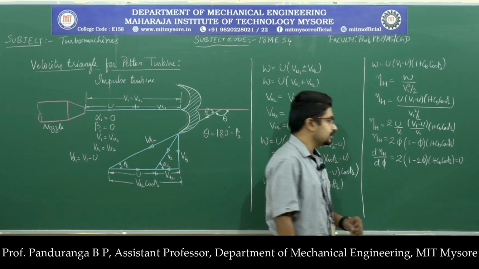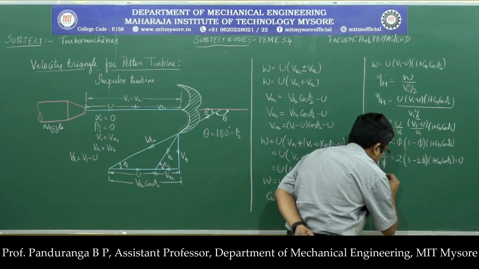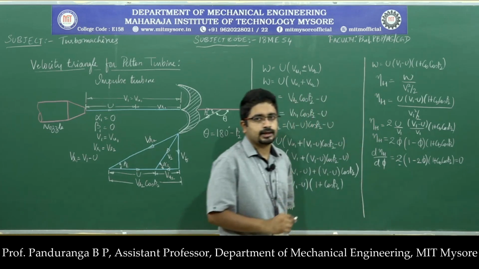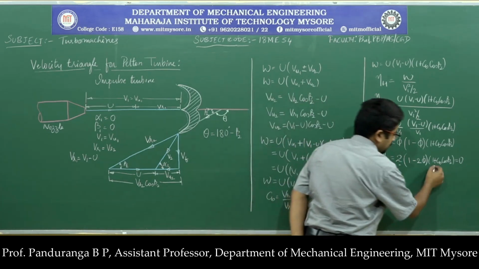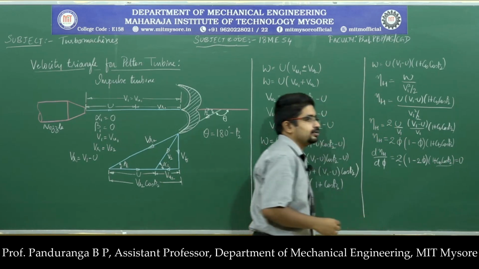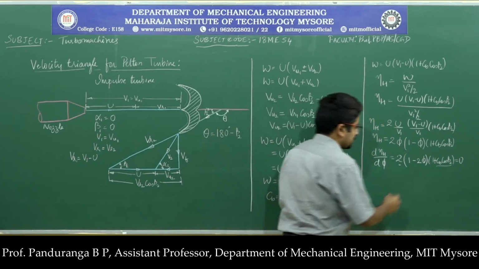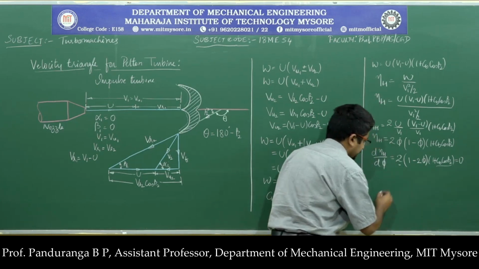If I equate that to 0, then 2 cannot be equal to 0 because it is a number, and 1 plus CB cos beta 2 cannot be equal to 0. The only term which can be equal to 0 is 1 minus 2 phi.